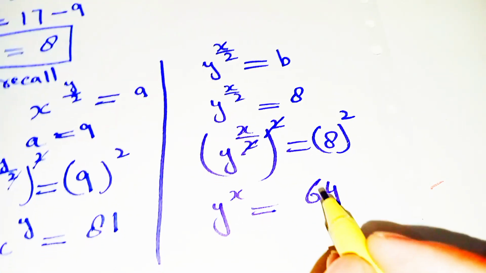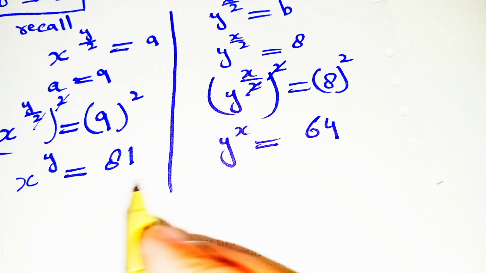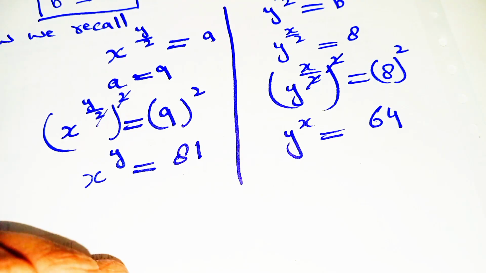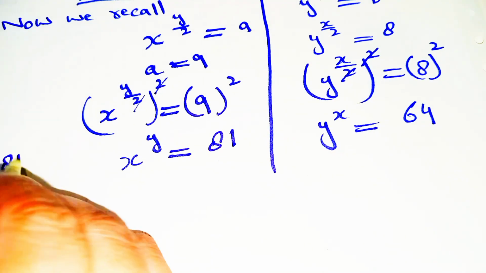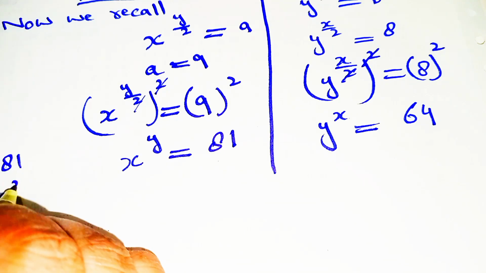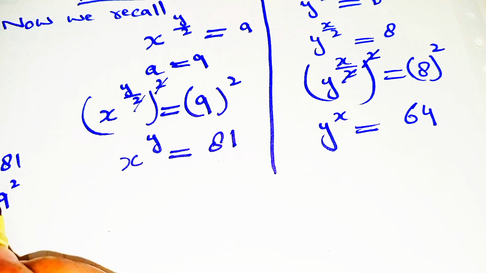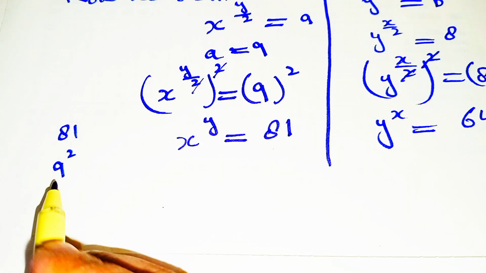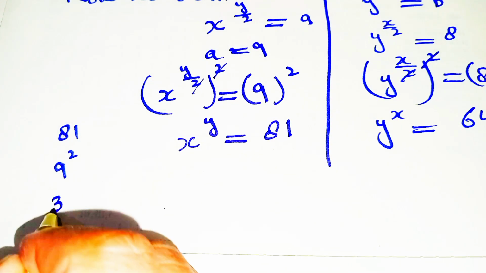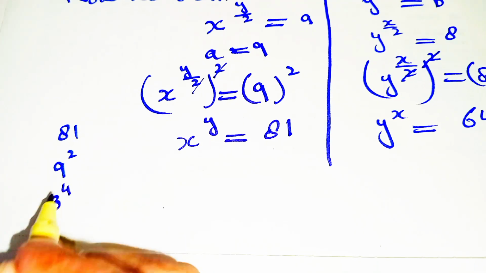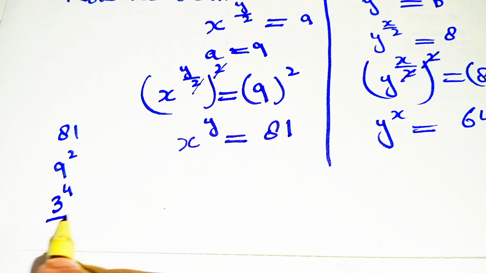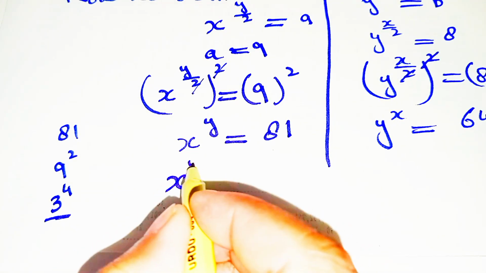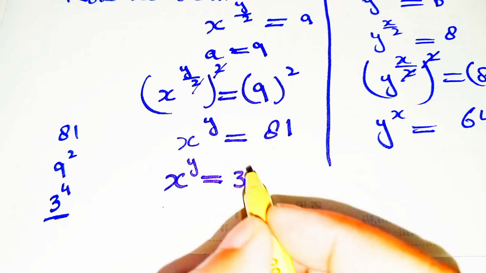Now this 81 can be written as 9 squared, and 9 squared is 3 to the power of 4, so we use 3 to the power of 4. So x to the power of y is equal to 3 to the power of 4.